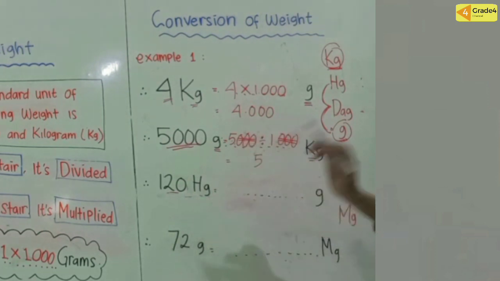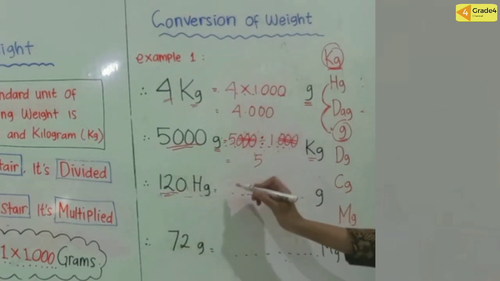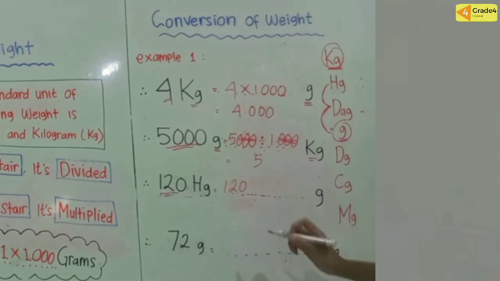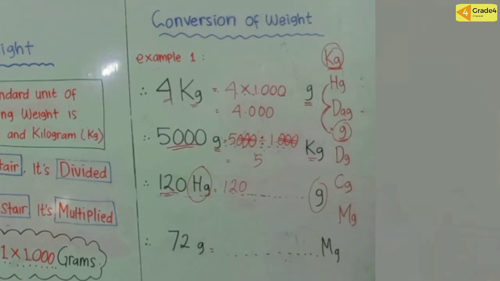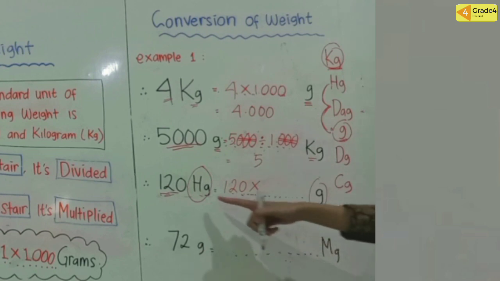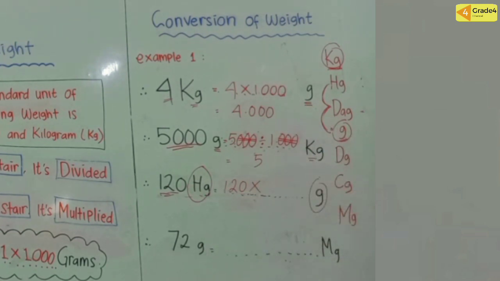120 hectograms is equal to how many grams? The first step, we must write the value first. And then we look at the stairs: hectograms to grams is downstairs. So we use times. Hectograms to grams is 2 steps downstairs. So we multiply by 100.